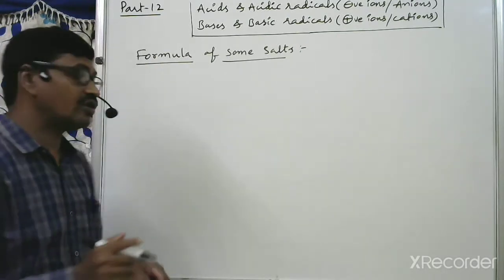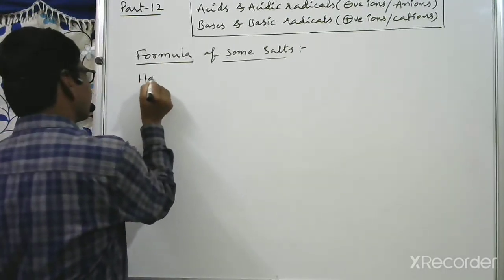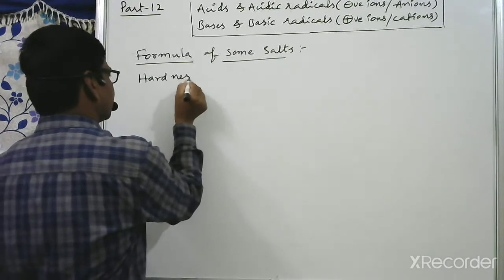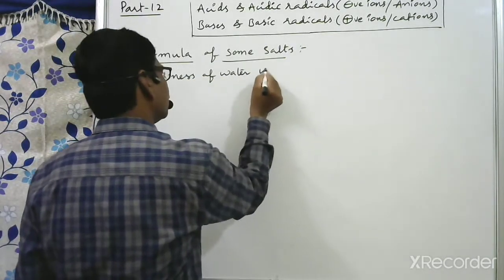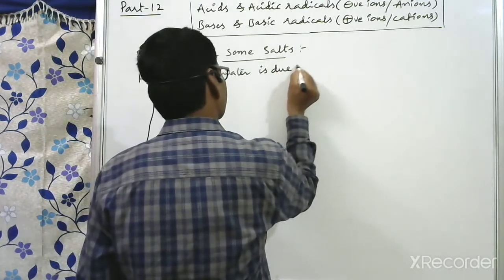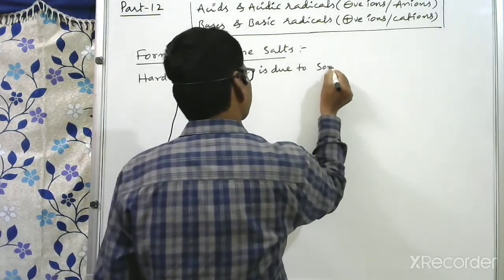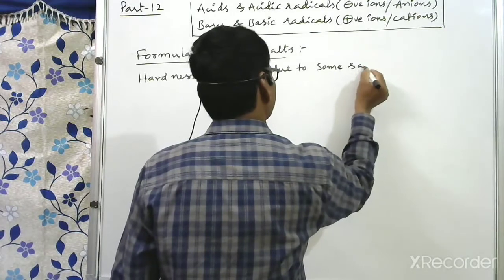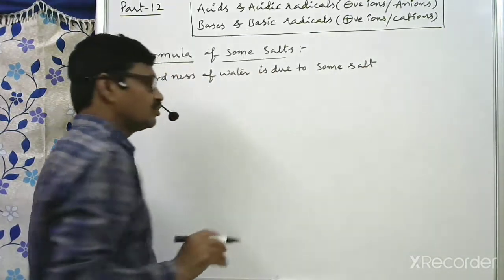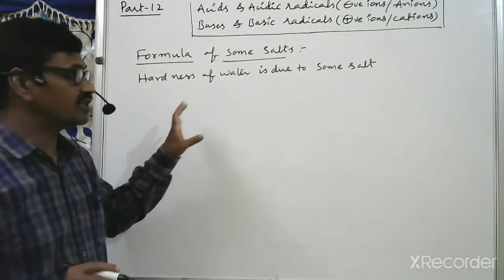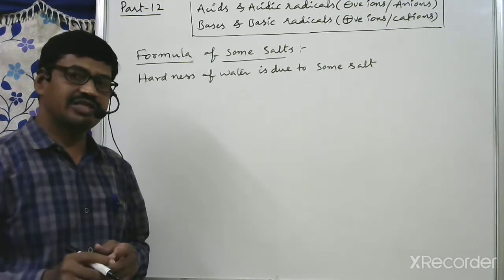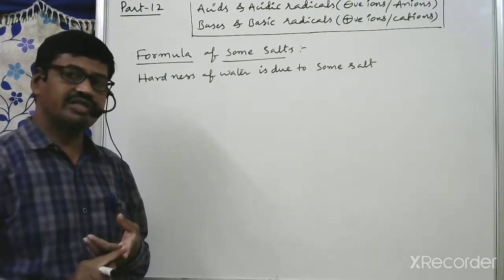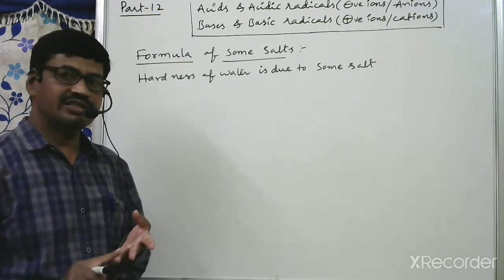Just now I told you, hardness of water is due to some salts. What are those salts? I'm writing here. Generally, these are salts of calcium and magnesium: calcium and magnesium salts of bicarbonates, chlorides, and sulfates.